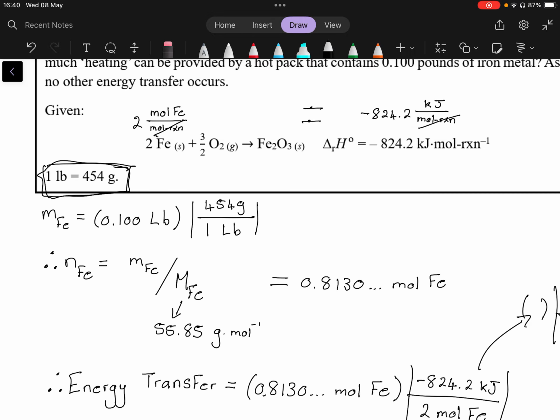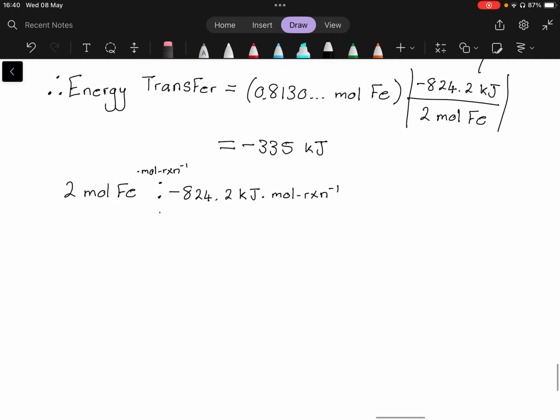Then you say, but we have 0.8130 mole iron. Why not mole iron per mole reaction? Because it's just a quantity.